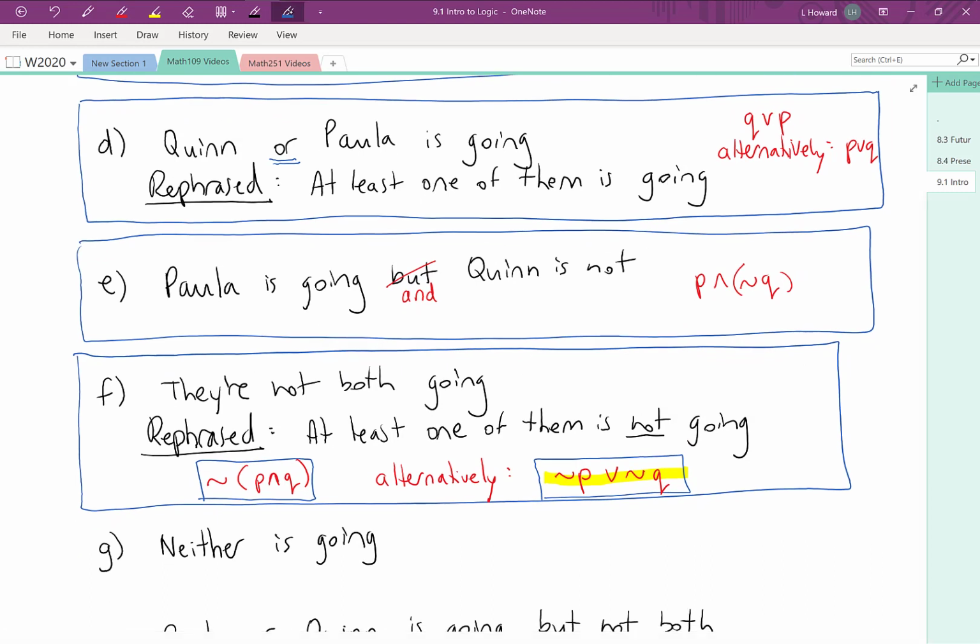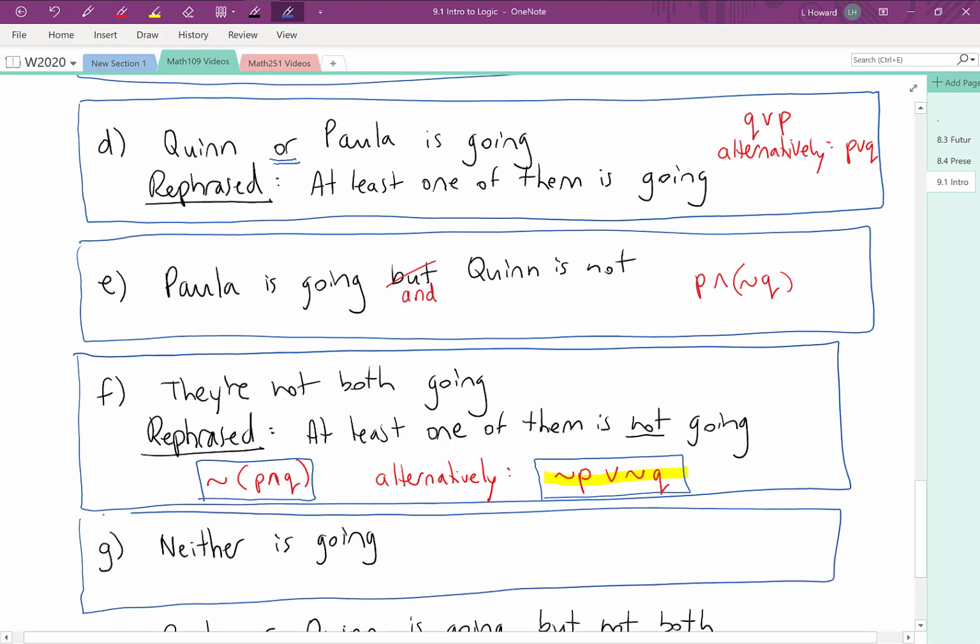Okay, part G, neither of them is going. So I would say that means Paula is not going and Quinn is not going. You could rephrase this as 0 of them are going.